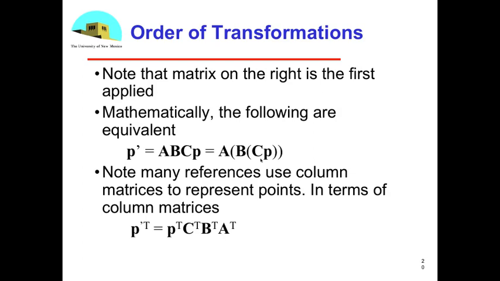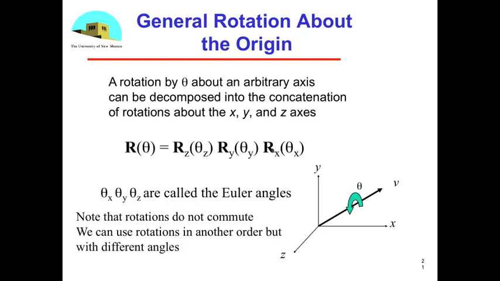Or think of it like a stack: you put A on the stack, then B, then C, and the first one off the top of the stack would be C. Even though you're not doing a physical stack, sometimes it helps computer science people to think of things that way. But generally, I like to think last one specified is the first one applied.